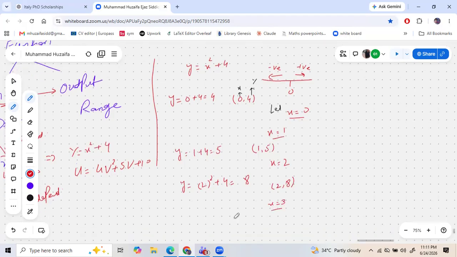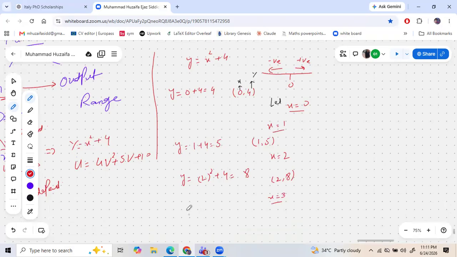Here I'm working on the positive side, and after this I'm working on the negative side of the real line. So this is 3 square, this is 9 plus 4 is equal to 13. So this is 3 and 13.